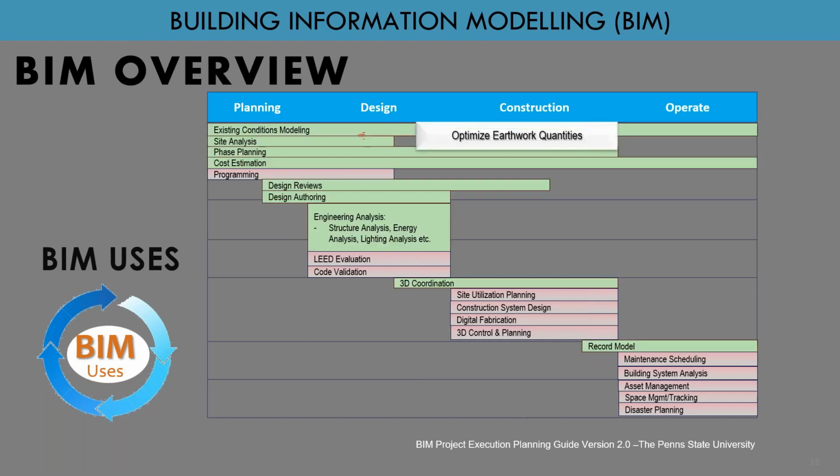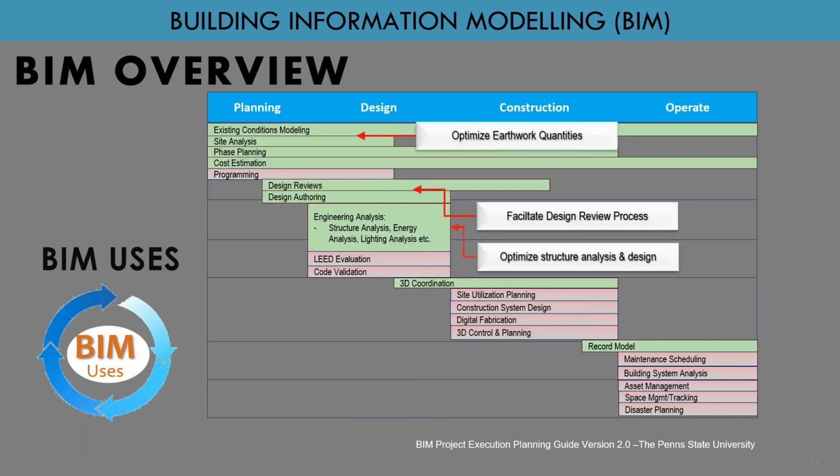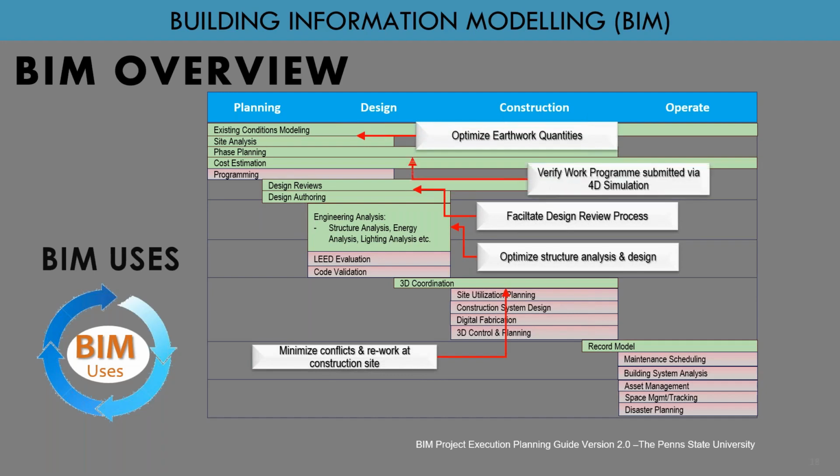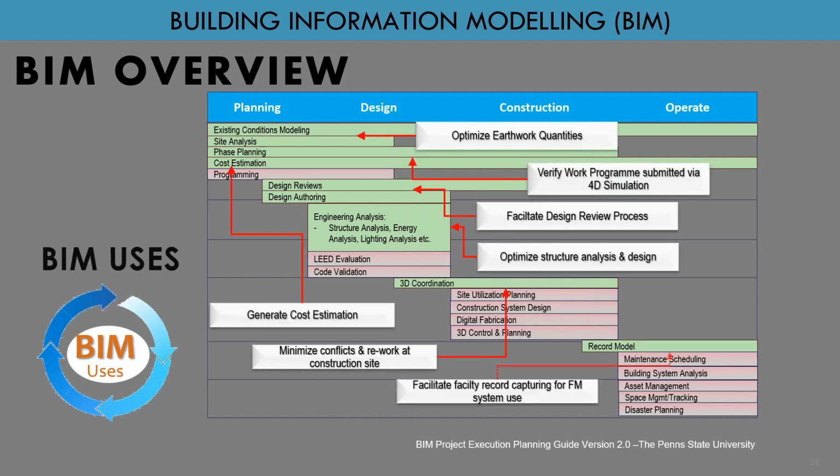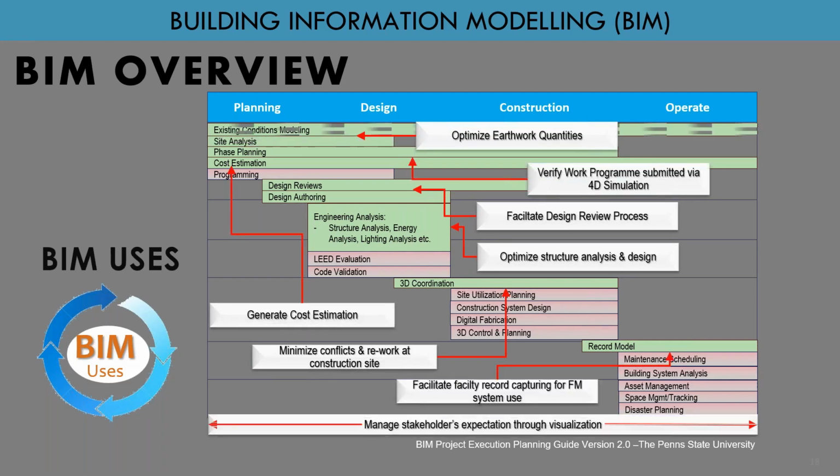Actually, why we choose these BIM uses is because they benefit the organization in JKR. When we want to do existing condition modeling and site analysis, we can optimize the work quantities. For phase planning, we can verify the work program submitted via simulation. For cost estimation, we can generate cost estimation from the 3D model.